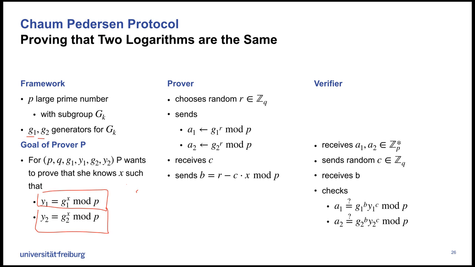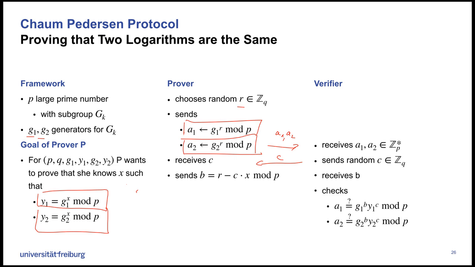So what you do is the following, and this looks very much the same as the Schnorr protocol. So we choose a random number R, and we send again two numbers A1 and A2, and both of them are G1 to the power of R. Okay, so this goes to the other side. So we have A1 and we have A2. And the verifier receives it, and again, after receiving, sends a challenge C, which is again a number from Zq.